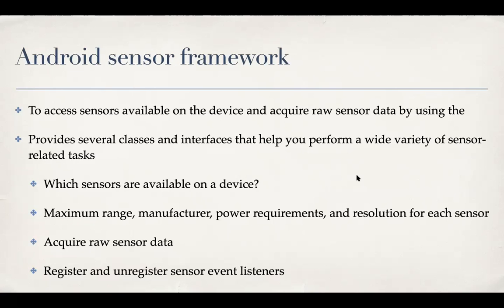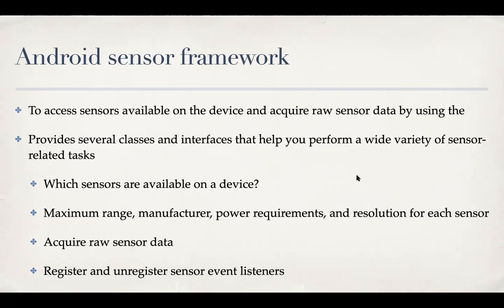Some examples include, first of all, finding out which sensors are available on the device. You can ask for a list of all the sensors, and then choose or select some based on what the list returns, and handle the ones that are available on the device.